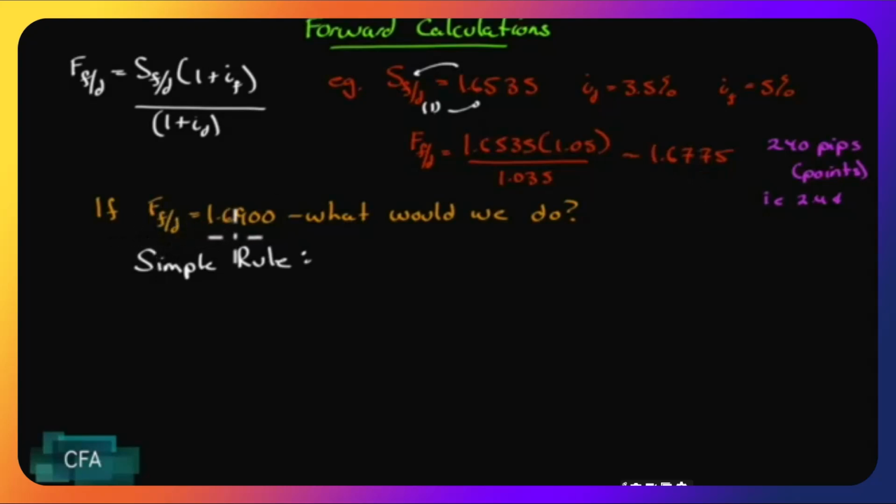If the forward rate were 1.69 instead, here it must be 1.6775 for there to be no opportunity. What if it were 1.69 instead? What would we do? Let me give you a simple rule that you can solve any problem with.